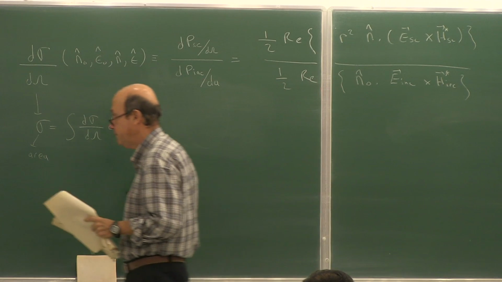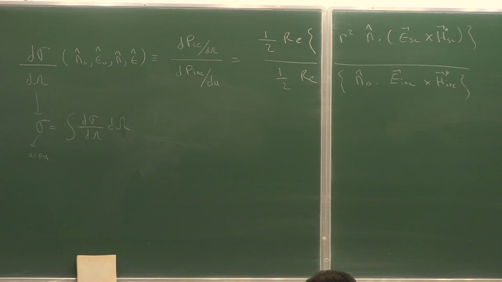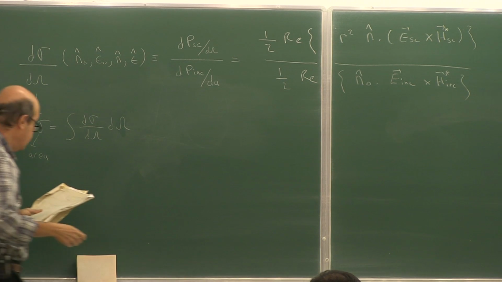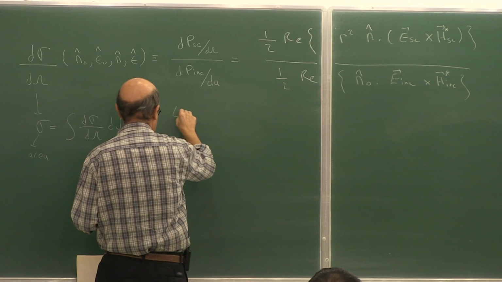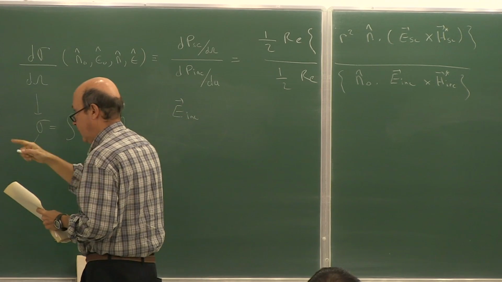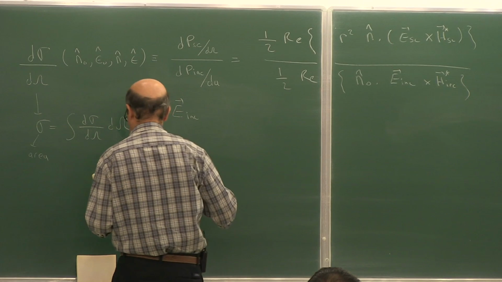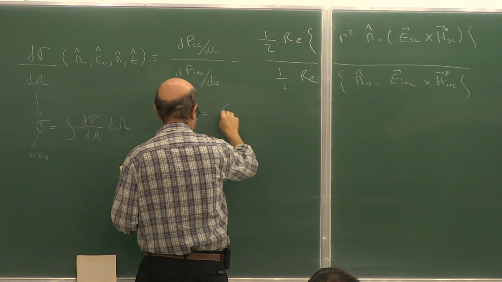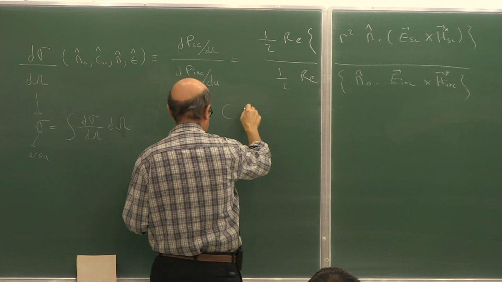So let us define the incident electric field by including the polarization more carefully. Let us say that E incident is in that form, and let us say the polarization is in that form.